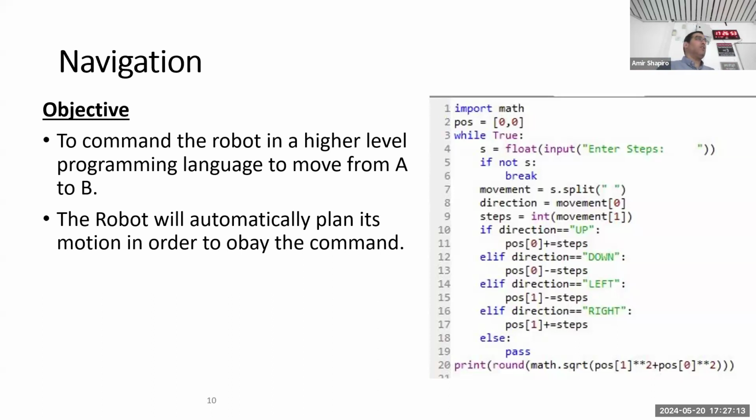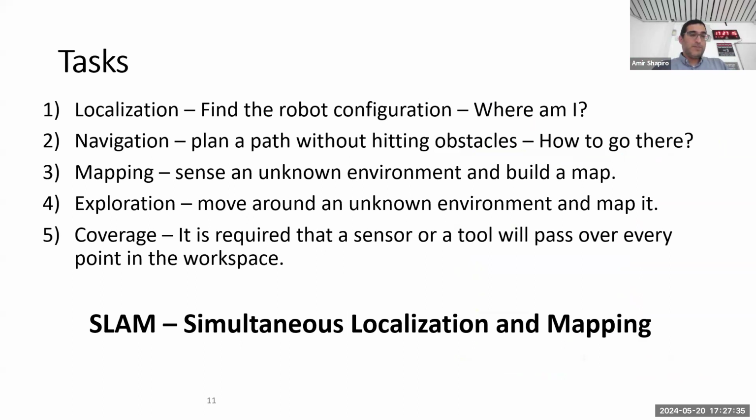This is what we call navigation in robotics. In aeronautics, navigation is actually what we call localization, knowing where the airplane is. They call it navigation, we call it localization. So it's a little semantic.